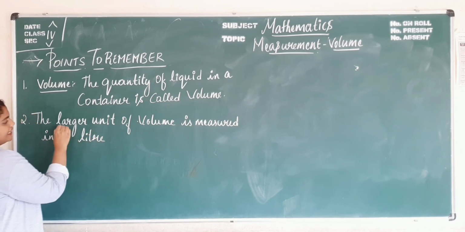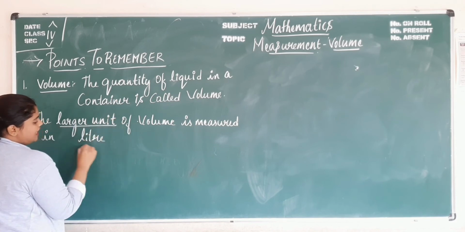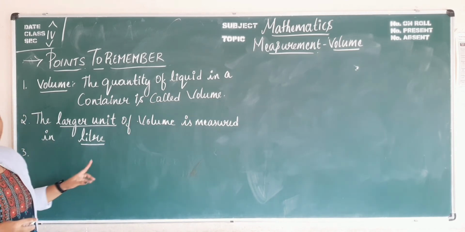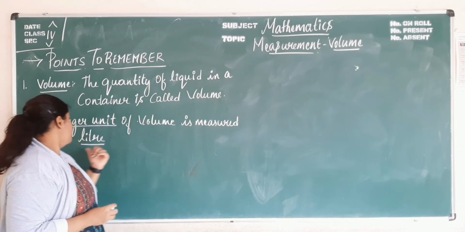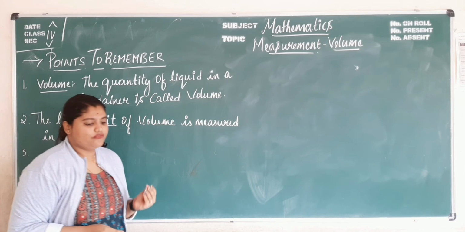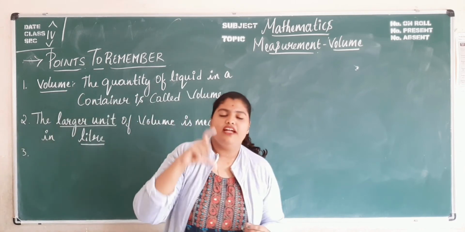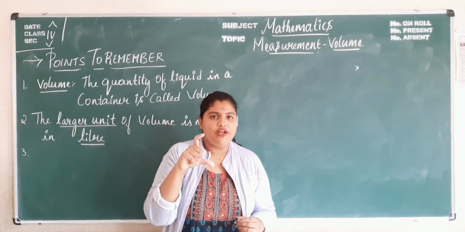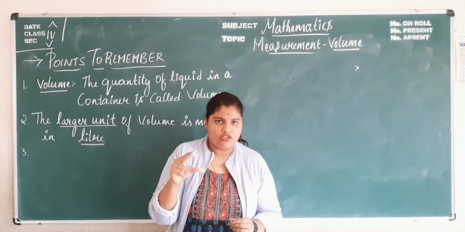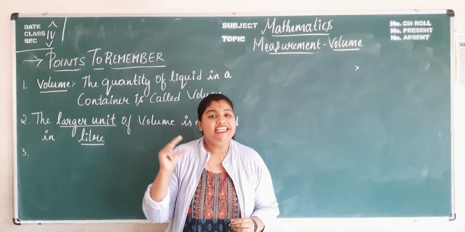So underline larger unit and underline liter. Next point. The smaller unit of volume is measured in dash. Yes, milliliter. If I take a syrup, that will be in milliliters. It is a smaller quantity, right? Smaller quantities of volume, such as in a syrup bottle, are expressed in milliliters.